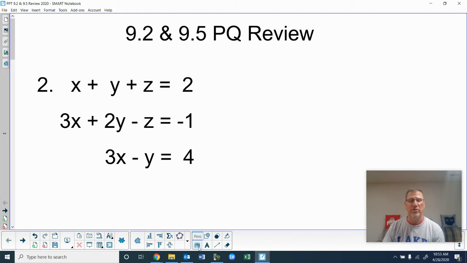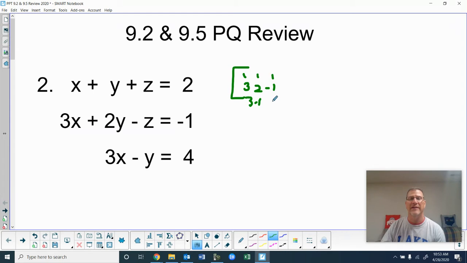So I'll just show you what the A matrix looks like. It'd be a 1, 1, 1, 3, 2, -1, and then 3, -1, and then 0. I should have made it bigger, so let's get rid of that and make it a little bigger.